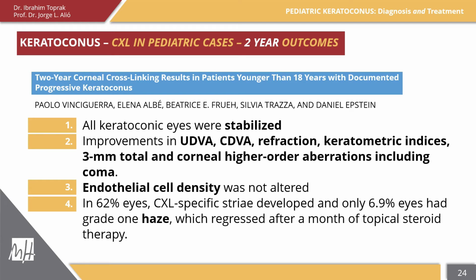Pinjigero and colleagues presented 2-year outcomes of this treatment in pediatric cases. According to this study, all keratoconic eyes were stabilized, and distance visual acuity, keratometric indices, and higher order aberrations were significantly improved. Also, no significant complications were observed.